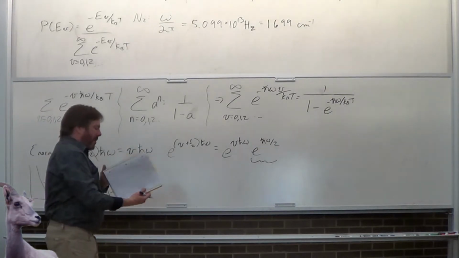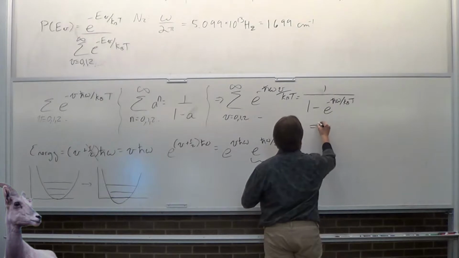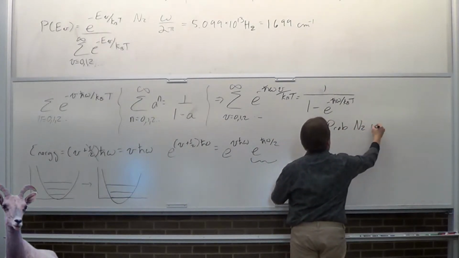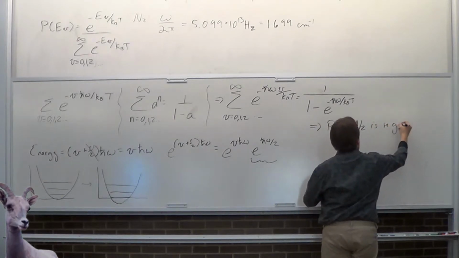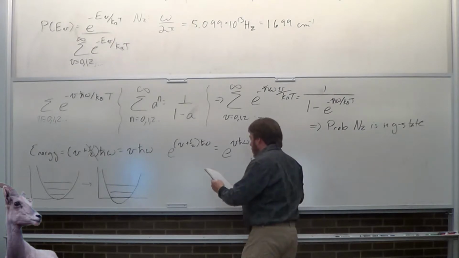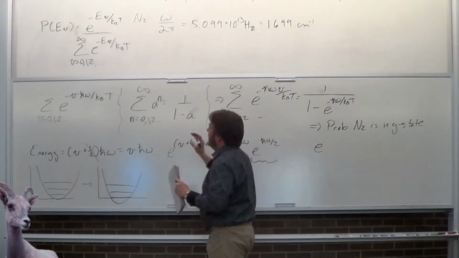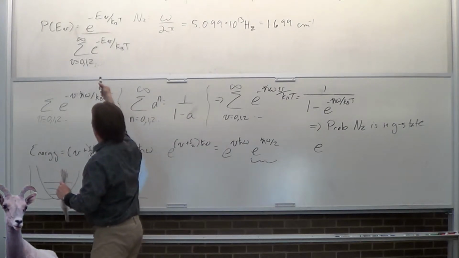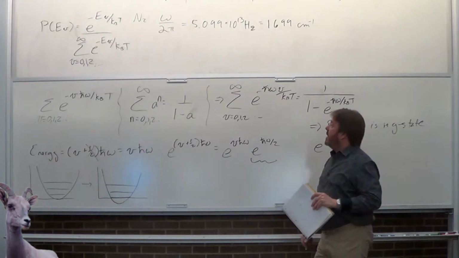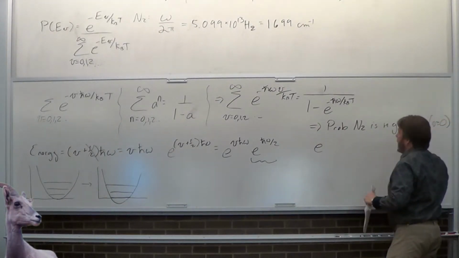All right, therefore, the probability that N2 is in the ground state, once you get all the numbers worked out, ends up being, now the neat thing is that I look at the top part of my Boltzmann distribution, e to the energy, for the ground state.